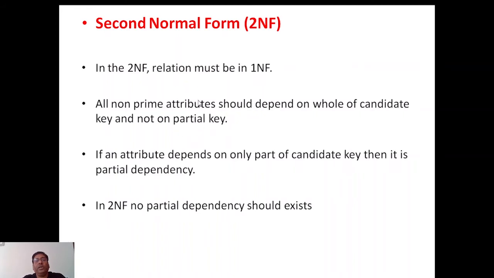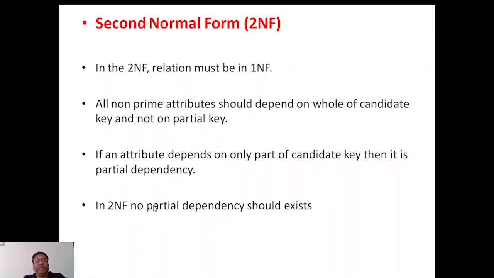So let's try to understand this in detail. If an attribute depends only on part of the candidate key, then it is called partial dependency. So try to remember this point. If an attribute depends on only part of the candidate key, then it is partial dependency.